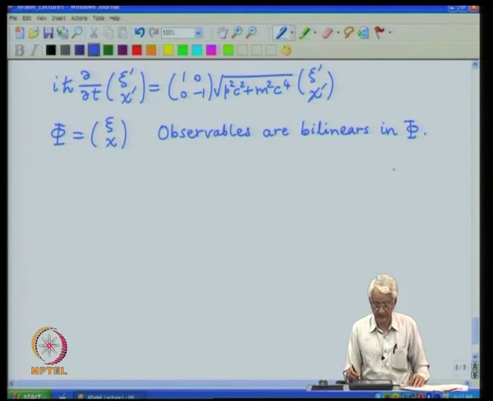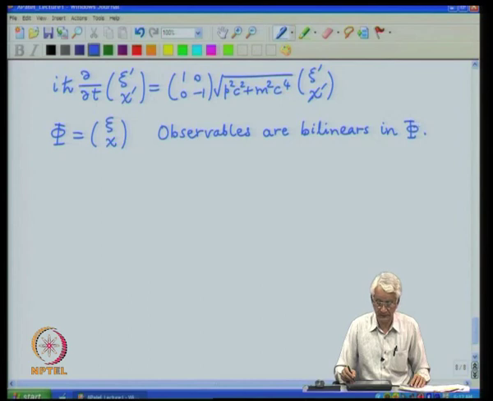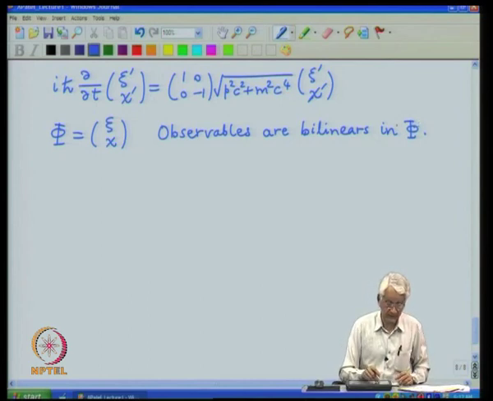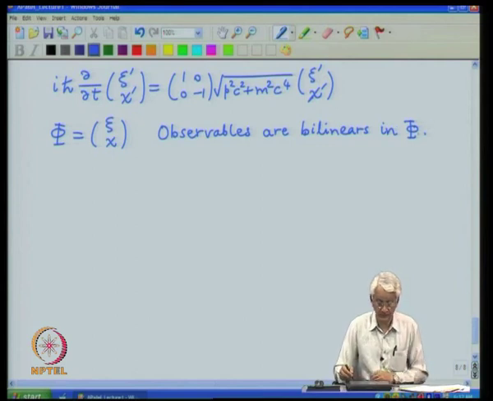Just like in the Schrodinger equation, there was a form where you could write all observables as psi star, then some operator and then psi. In this particular case, we can write down the observable as phi dagger. The dagger comes in because of this two component notation, then some operator and then phi.